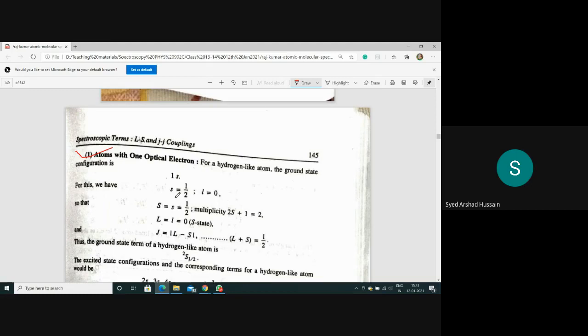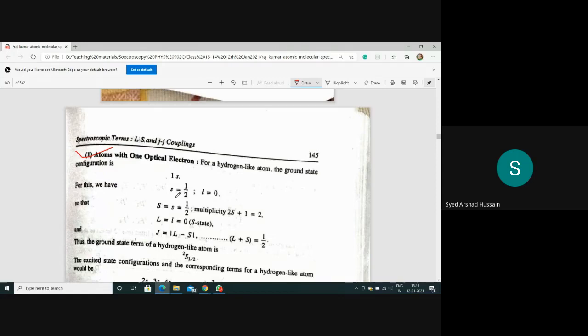This is because for equivalent systems, N and L are the same, and according to Pauli's exclusion principle, N, L, ML, MS cannot all be the same. So if you are applying the LS coupling scheme to equivalent electron systems, you always have to be careful so that Pauli's exclusion principle is not violated.